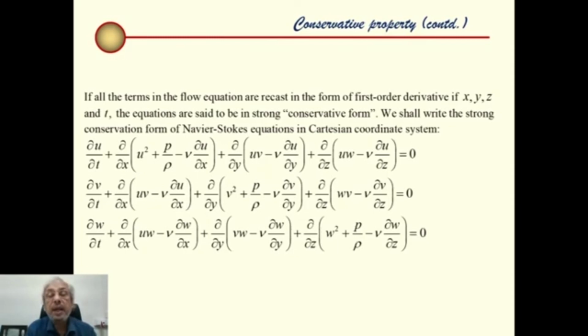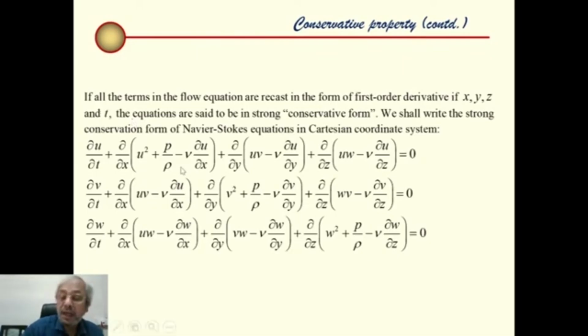In a similar manner, if we try to write all the terms as first order derivatives of x, y, z and t, then we will get something which is called the strong conservative form.